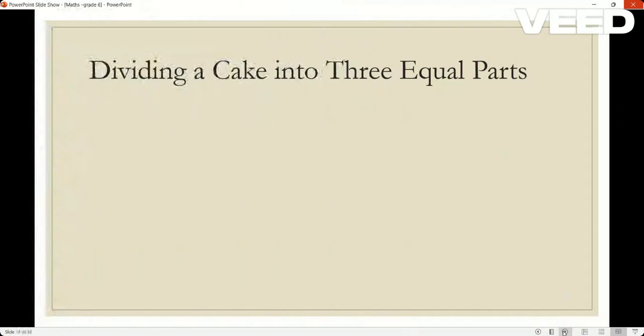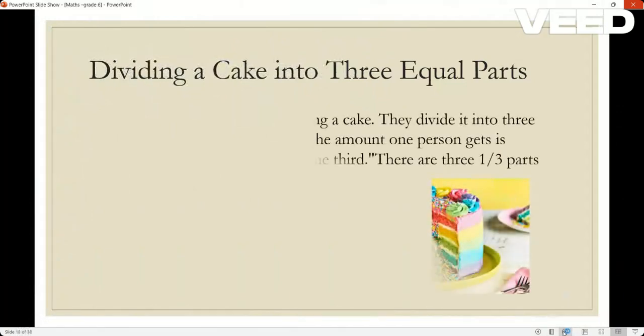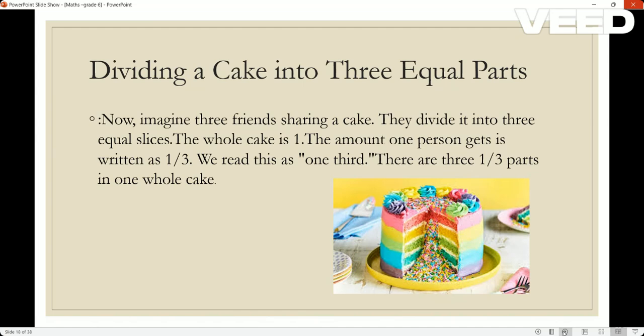Dividing a cake into three equal parts. Now imagine three friends are sharing a cake. They divide it into three equal slices. The whole cake is one. The amount one person gets is written as 1/3. We read this as 1 third. There are three 1/3 parts in one whole cake.